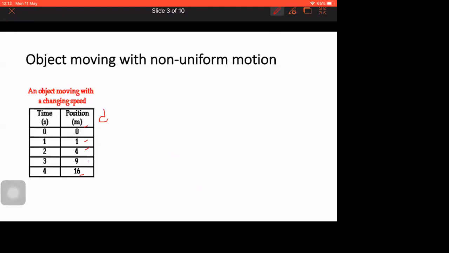We'll quickly draw the graph for this and see how it looks. Again the same thing, time and distance. Time I can take 0, 1, 2, 3, 4. Now, how should I take the y-axis? I have the values 1, 4, 9, 16.